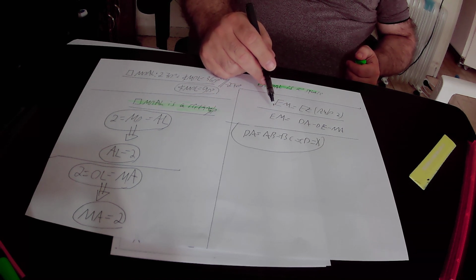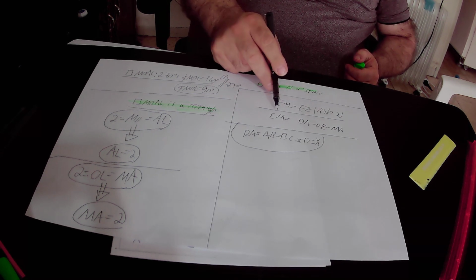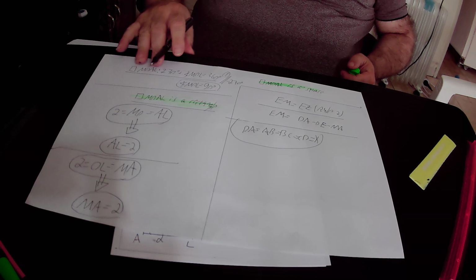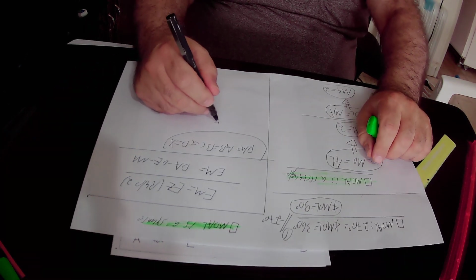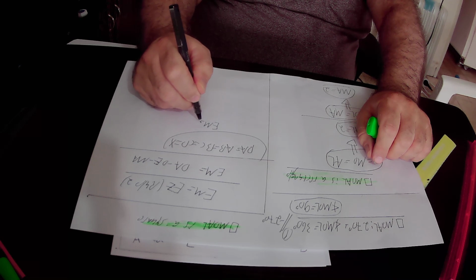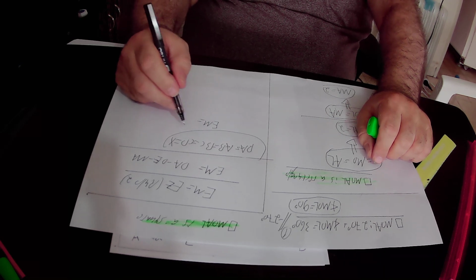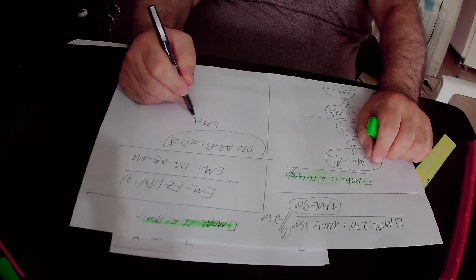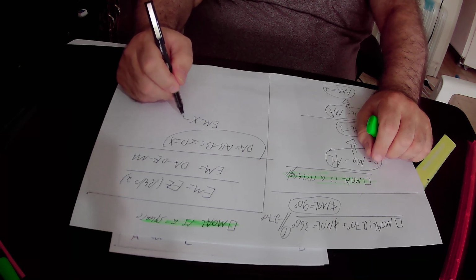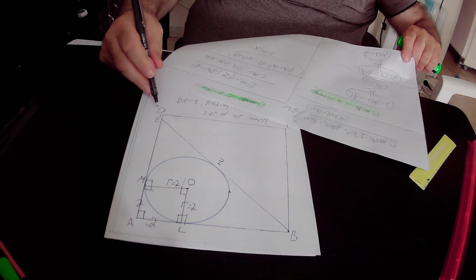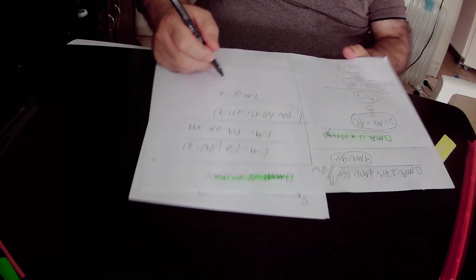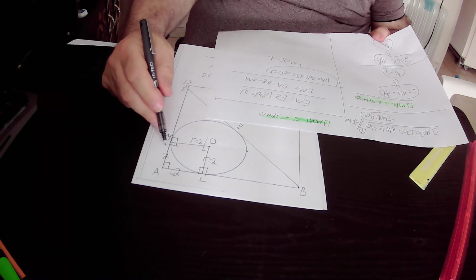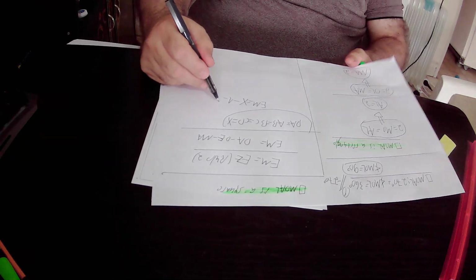Now, what is the length of line segment EM? According to this equation, we get that EM equals DA, that is X according to our definition, minus DE, DE equals 1 unit according to what is given in the question, minus MA, MA equals 2 units according to what we have already found out.